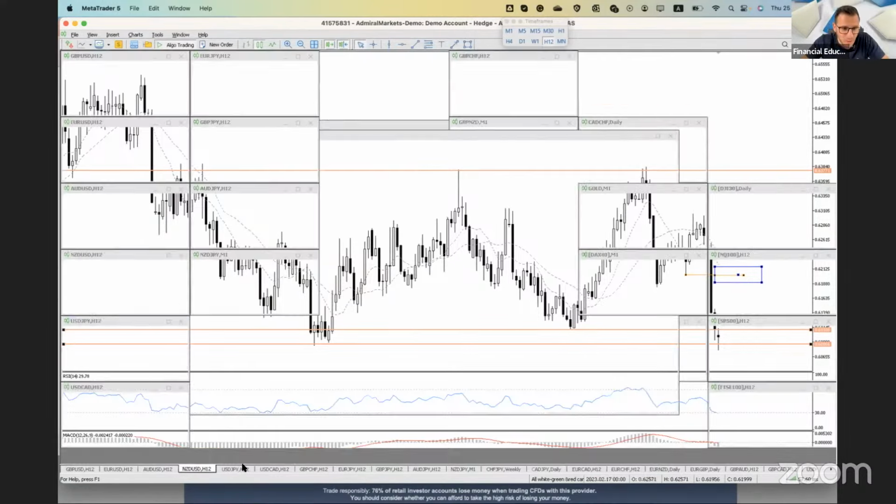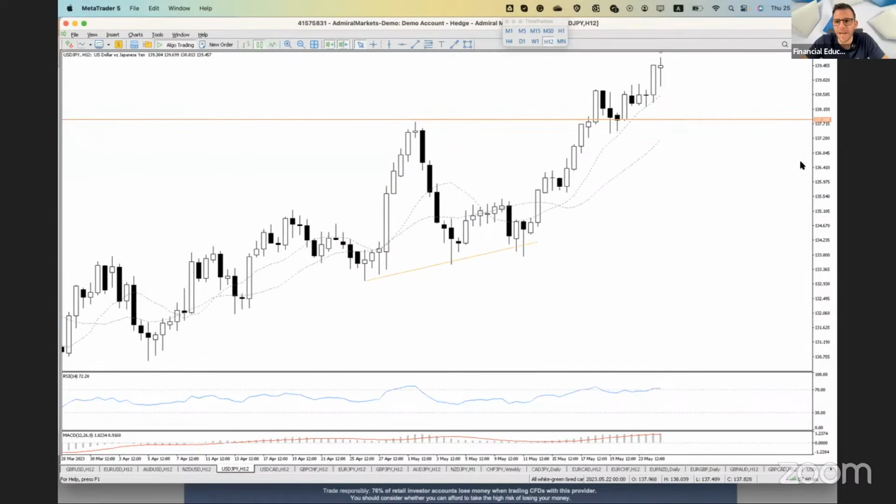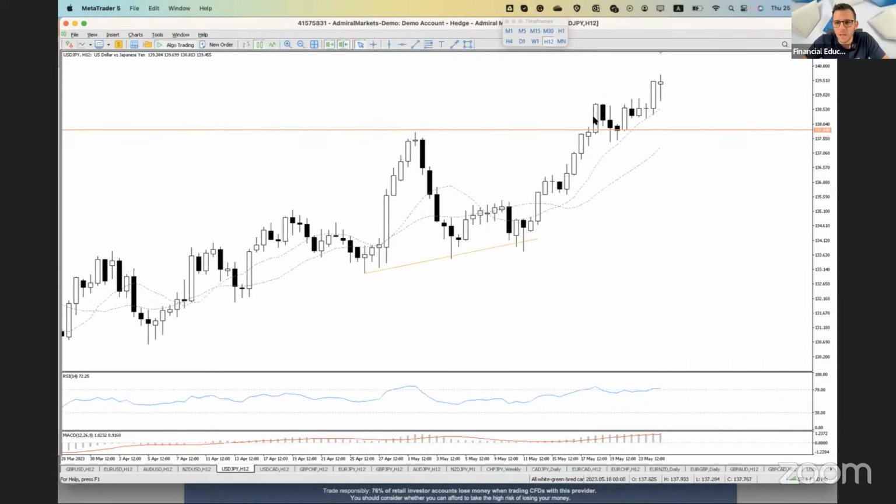So, US dollar, JPY. This ascending triangle, can we call it an ascending triangle? Anyway, it's just one week in length. So for the higher time frame, that's not an ascending triangle, but for the lower time frame, absolutely, it's a significant one. The price bounced a little bit within and then broke to the upside.